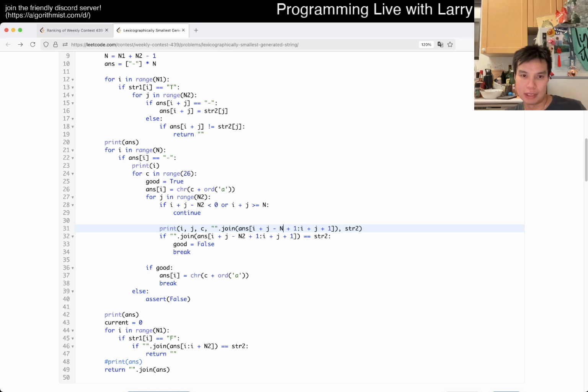This should be i minus j plus 1 on the left side, and then i minus j plus n2 on the right, something like that. Maybe I'm off by 1, but I think that's actually more accurate. Is it plus 1? No, it is, because if j is 0. I think this is more right.